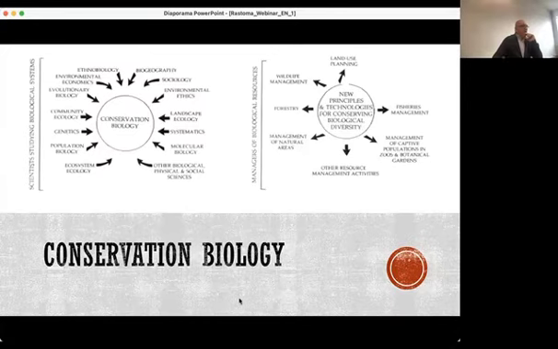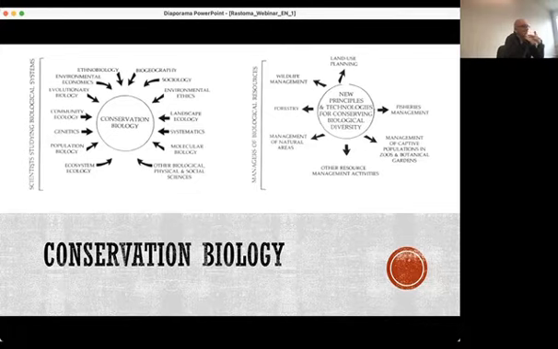Okay, the science of conservation, conservation biology, are two fields that are linked. The first field is about the true science, the conservation biology, which is the biology applied to conservation. Many different fields of biology are involved in conservation biology.